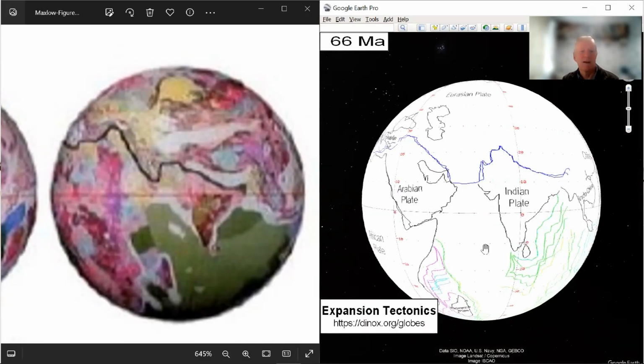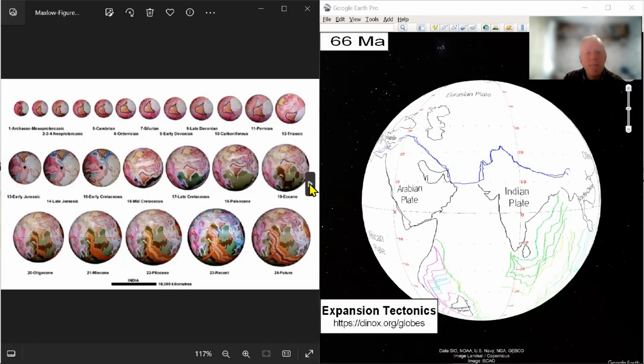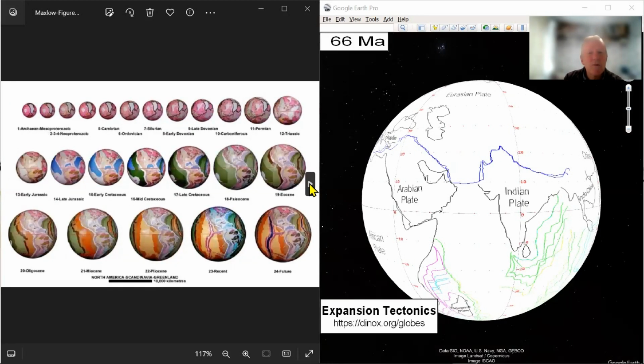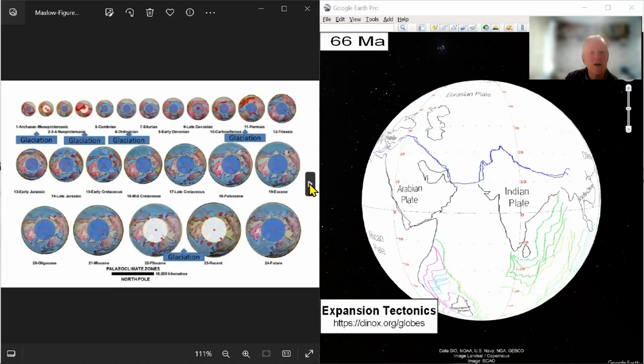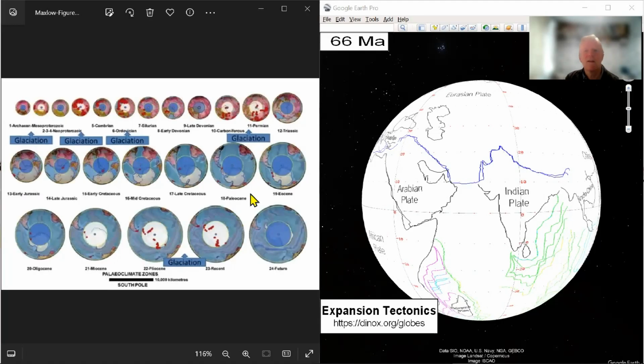Yeah, there's the India there. Africa here, Africa there, Eurasia over here, Eurasia here. Similar again. Yeah, I think we've already looked at these. That's it.